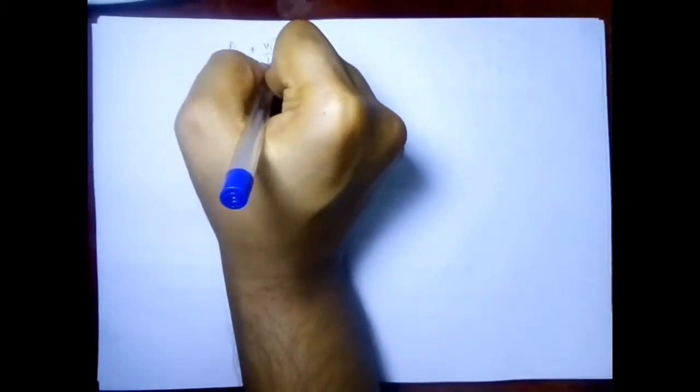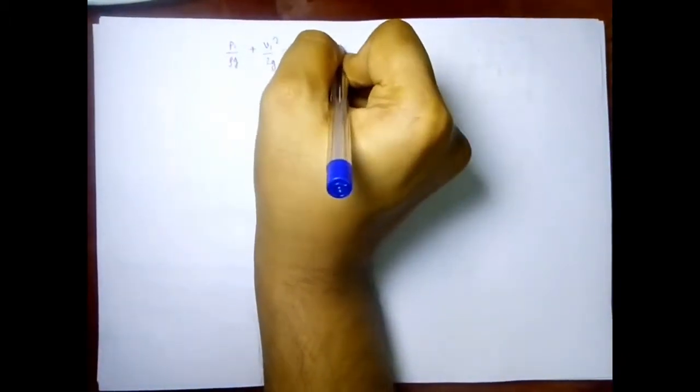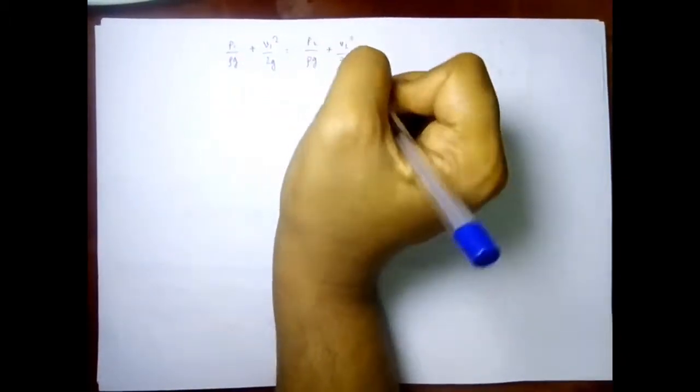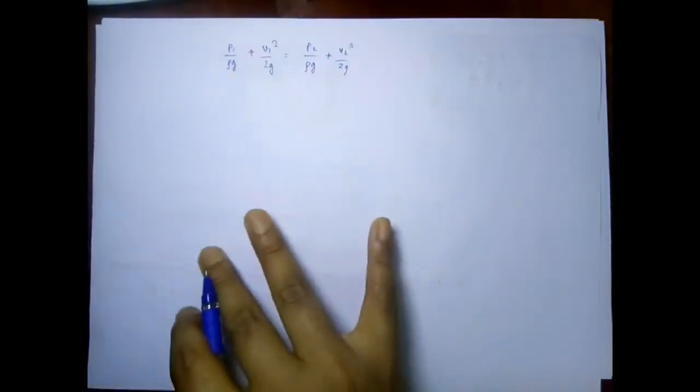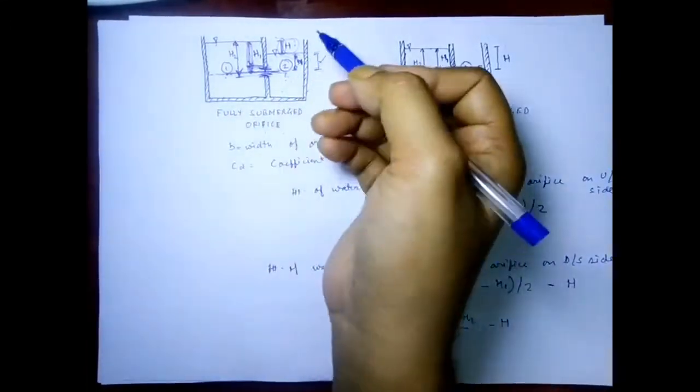So it will be P1 upon rho g plus V1 square upon 2g is equal to P2 upon rho g plus V2 square upon 2g, considering that Z1 is equal to Z2 because both 1 and 2 are considered to be at the same height. So Z1 will be equal to Z2.